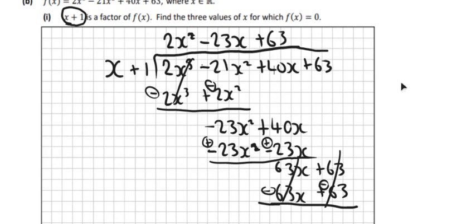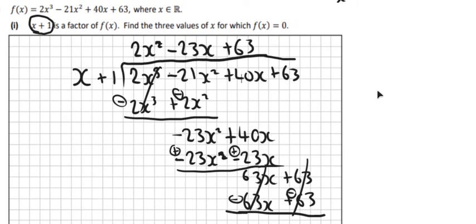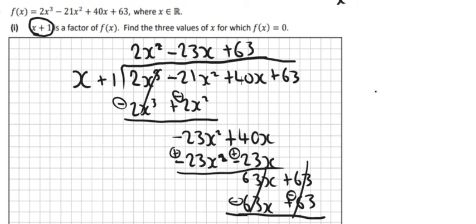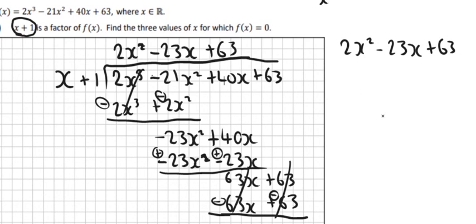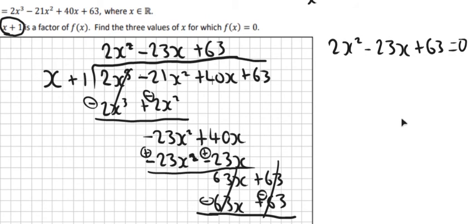So we're left with this quadratic, so 2x squared minus 23x plus 63 equals, and it's going to be equal to 0. Because the original function was equal to 0, and then we just basically divided in a factor of it.